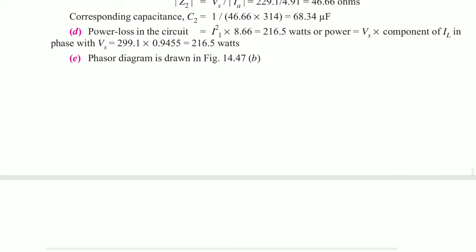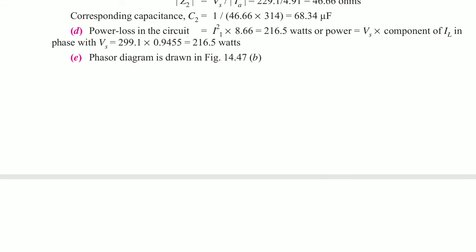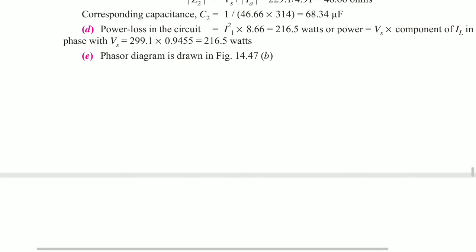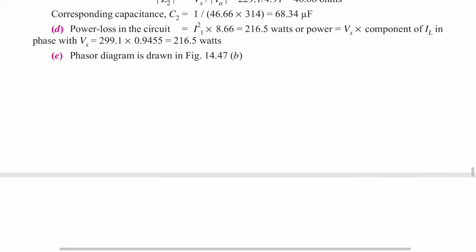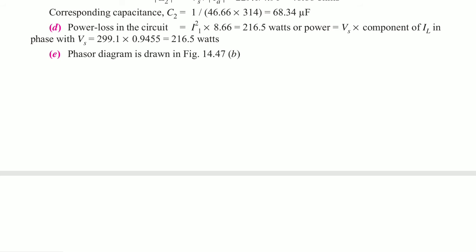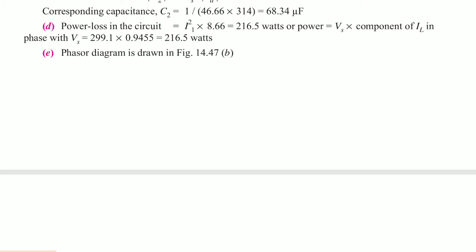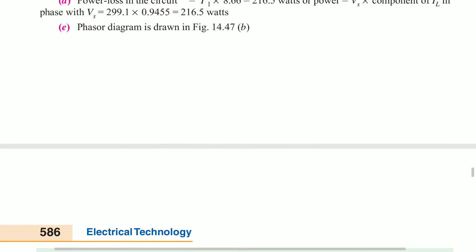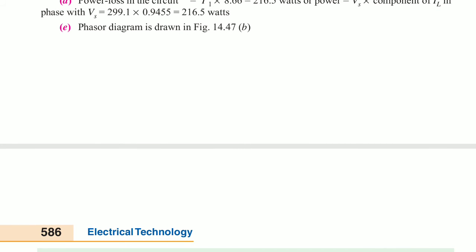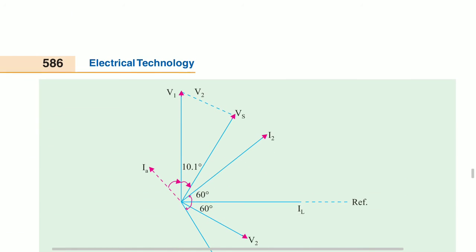Here the power loss in the circuit is I1 squared into 8.66, that is equal to 216.5 watts. Or power is equal to Vs into the component of IL in phase with Vs, that is 229.1 into 0.9455, that is equal to 216.5 watts.